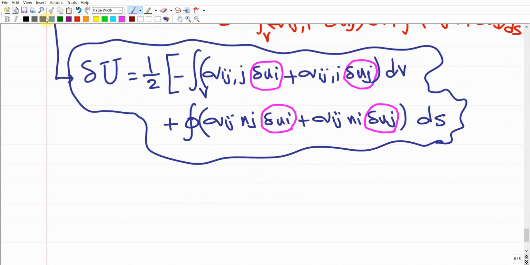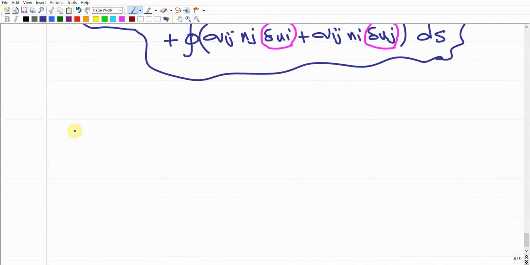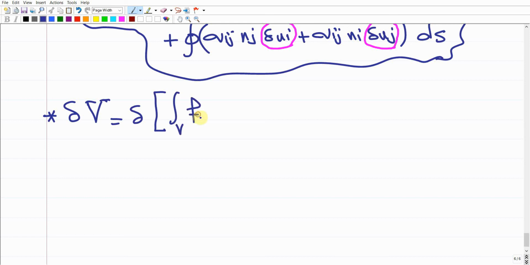So this is going to give us this thing. Here we're going to work over the first variation of the potential due to work done, which should be the first variation of the integration over the volume of the body force times ui, dv, right? Plus, and it should be negative, by the way, right?